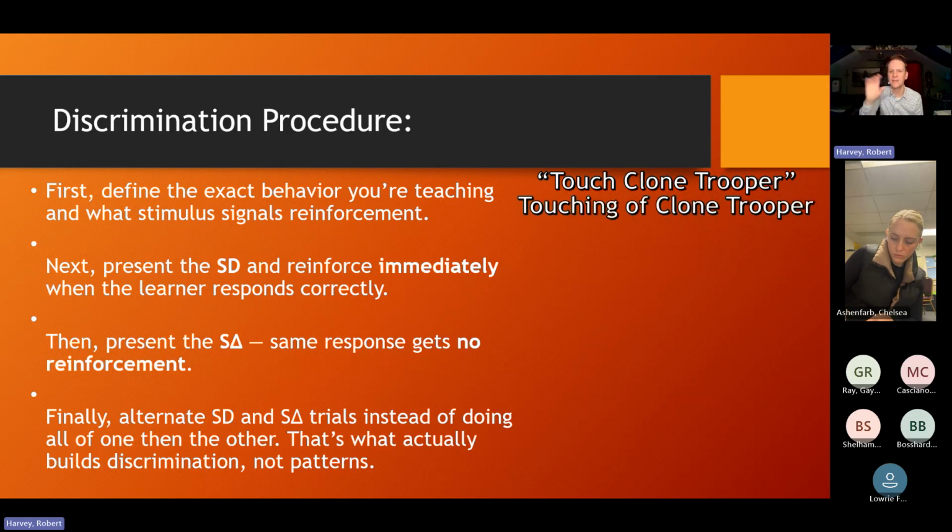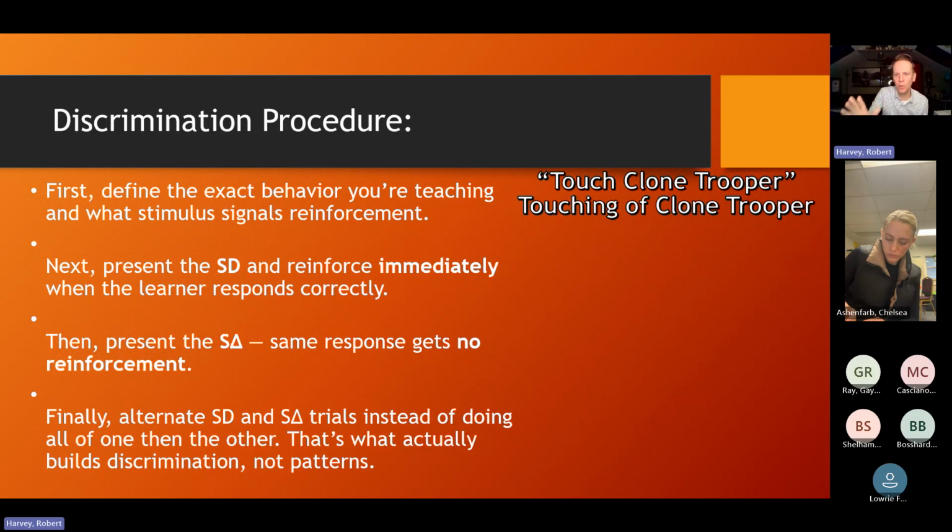That's the stimulus that we want to train up. And the stimulus that signals reinforcement is the touching of the clone trooper. So I say touch clone trooper, they hear it, they touch the picture of the clone trooper, and that's what delivers reinforcement. That could be a good job, that could be a token, that could be a cookie. We don't need to worry about that part. We're just going to say that's what signals the reinforcement.